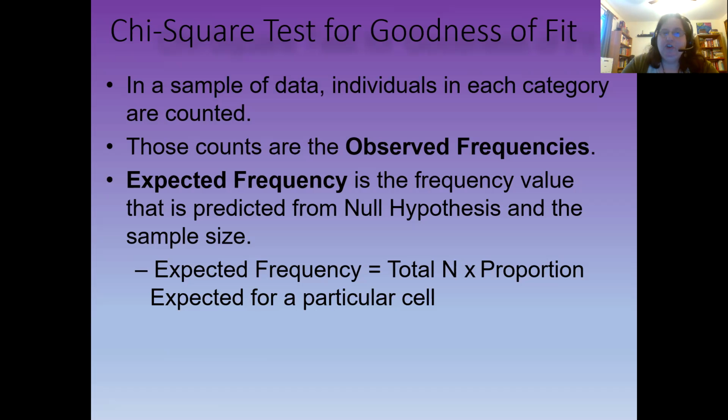Then we could say our total N of 40 times the proportion expected for each cell. Well, that would be 25% or 0.25. So if we took 40 times 0.25, we would get 10 for each of those. 10 for brown, 10 for blue, 10 for green, 10 for other, right? Because 0.25 times 40 or 40 divided by 4, however you want to think about it, either way, you're going to get 10.